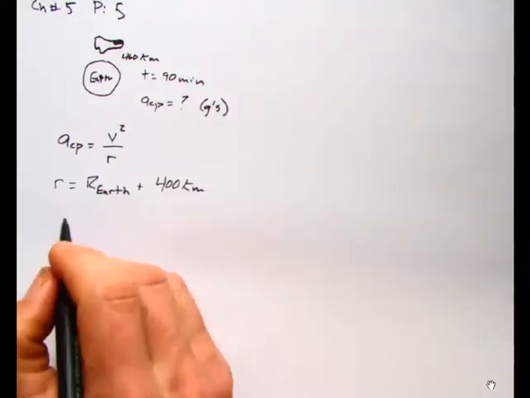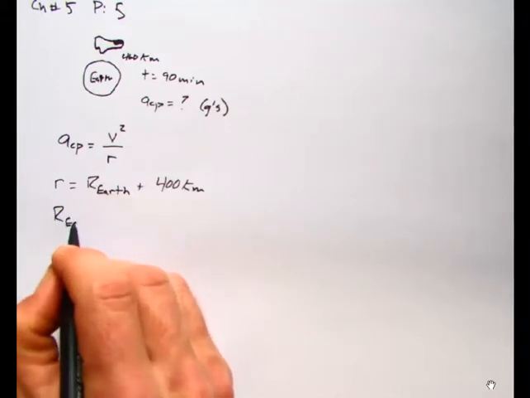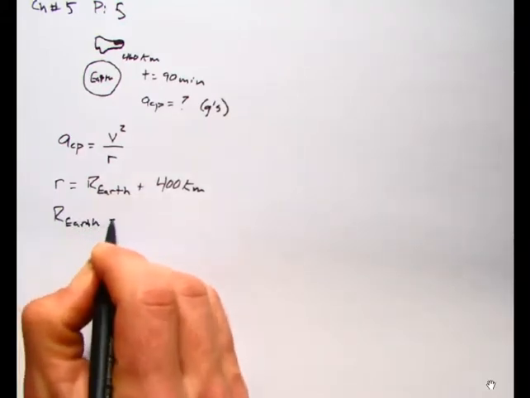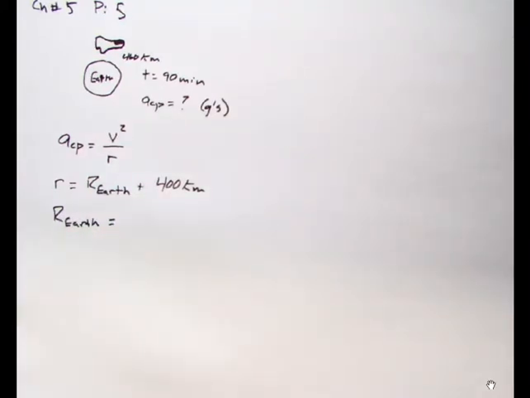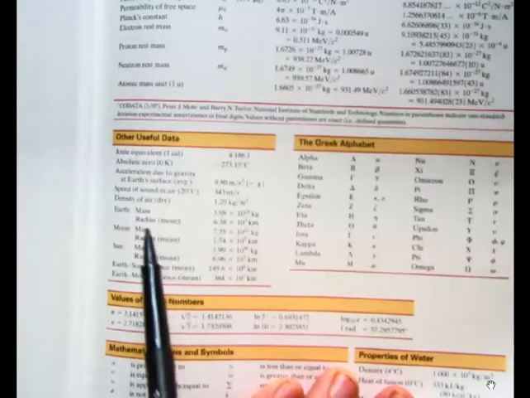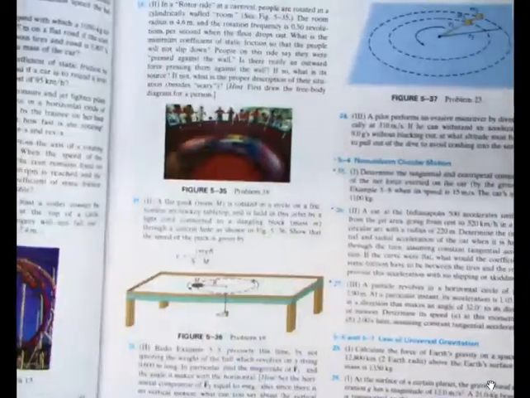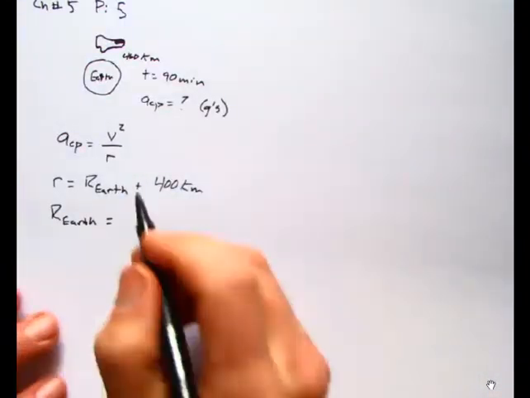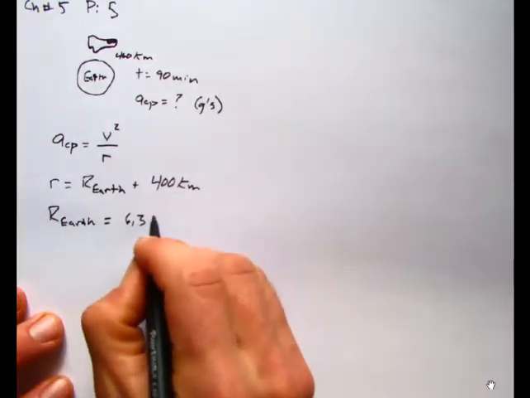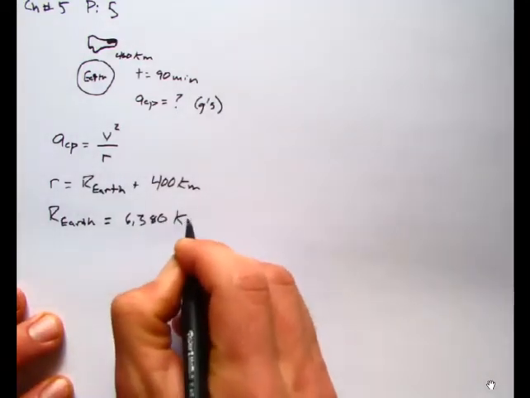So to look up the radius of the Earth, you might need to use your physics textbook. If you turn to the front cover, there's all sorts of useful information there. And here I find the Earth mean radius is 6.38 times 10 to the third kilometers. All right, so that would be 6,380 kilometers.